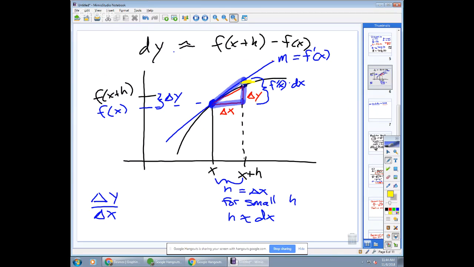So if the function is wicked curved, and I'm not close enough with x, then this distance is going to be bigger. That error, that change in between delta x and dx, is going to be bigger than I want it to. So there is no way I can give a definite answer on what is small enough. It depends on the problem. That's one reason we look at, say, percent error after.